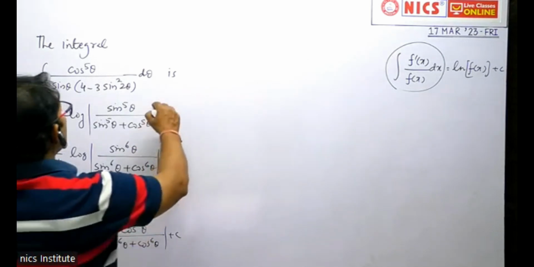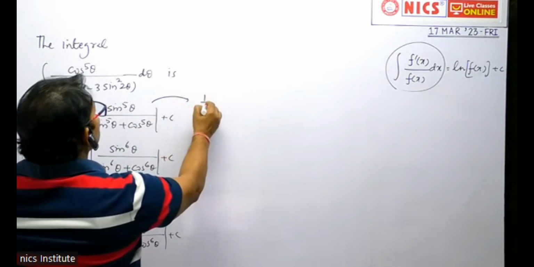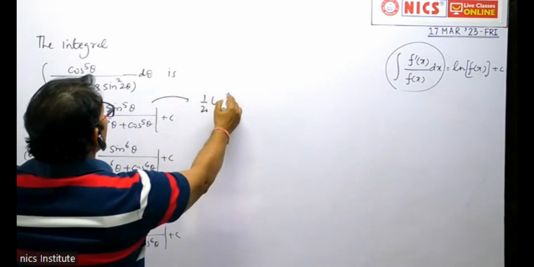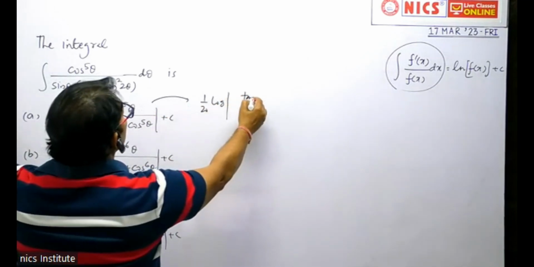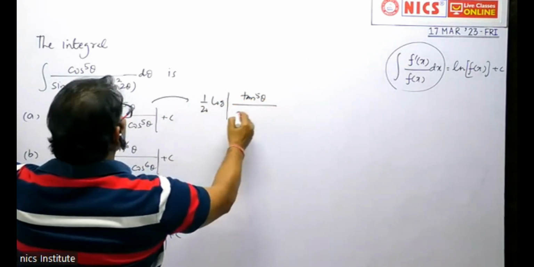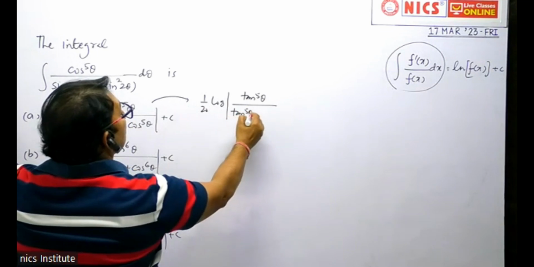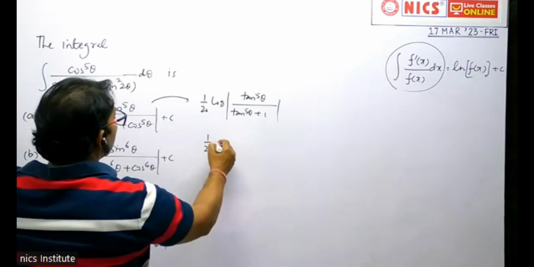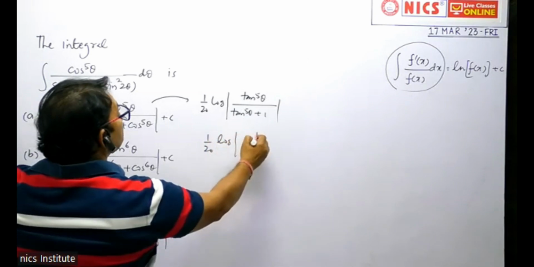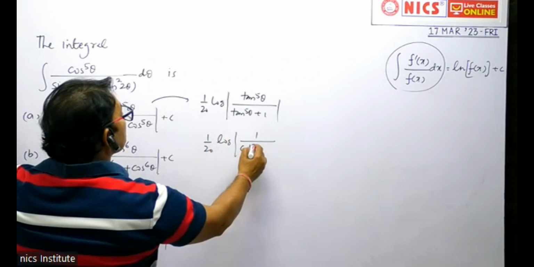If you want, you can try to write this in terms of tan also. If I divide by cos to the power 5, numerator and denominator, it would be like this. And if I divide by sine to the power 5, it would be like this.